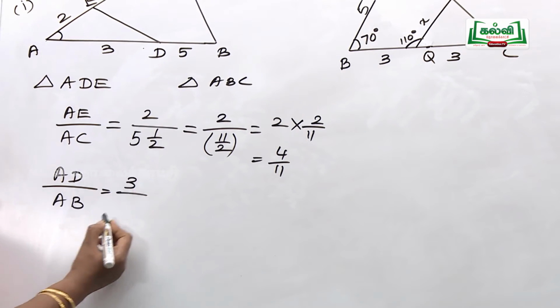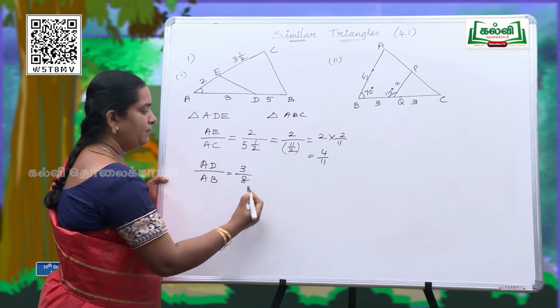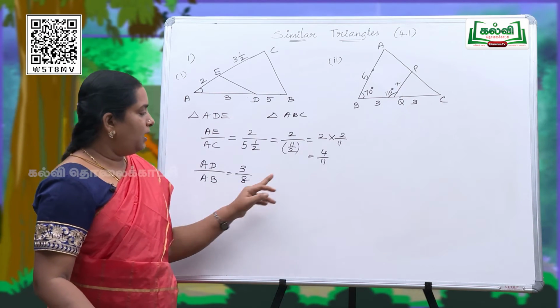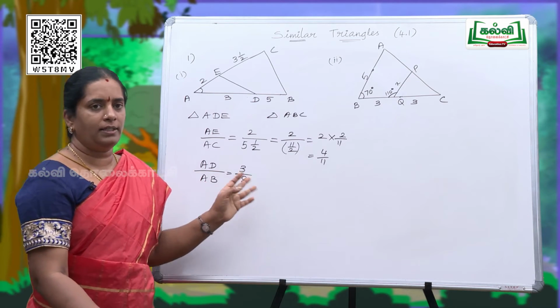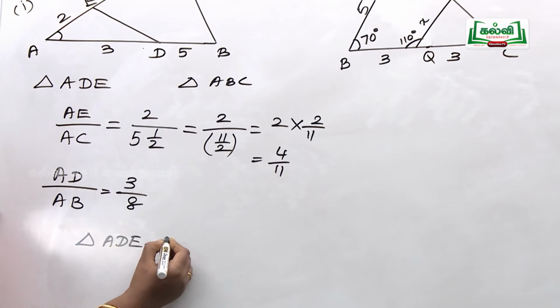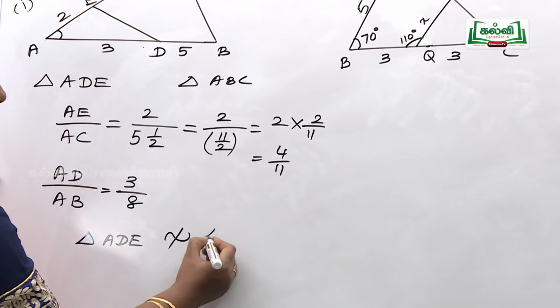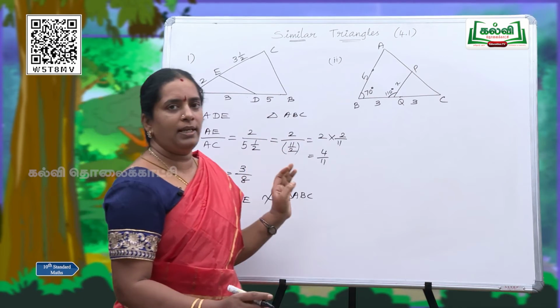Yes, it is 3, and AB is 3 plus 5, 8. Check with the ratios. Are they equal? No. Since the ratios are not equal, we can say that triangle ADE is not similar to triangle ABC. Okay. Shall we move on to the next one?